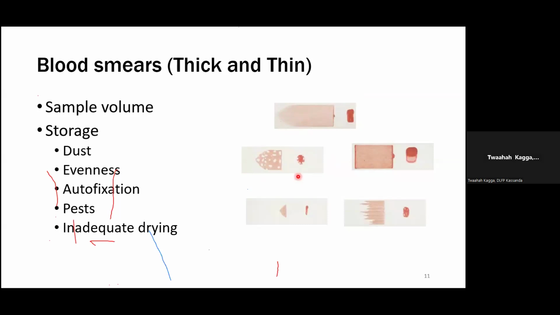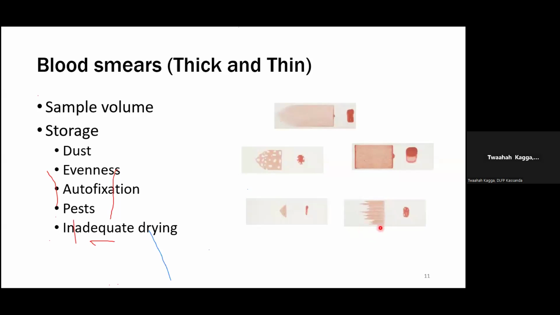Then this smear was made on a greasy slide so that the smear ends up having patches. The thin film has patches, even the thick film has patches. This same thing happens when you have kept your smear where there are pests, the cockroaches and the ants feeding on blood, so that the smear dries with patches. Then this last one in the lower right corner was made with a chipped spreader.